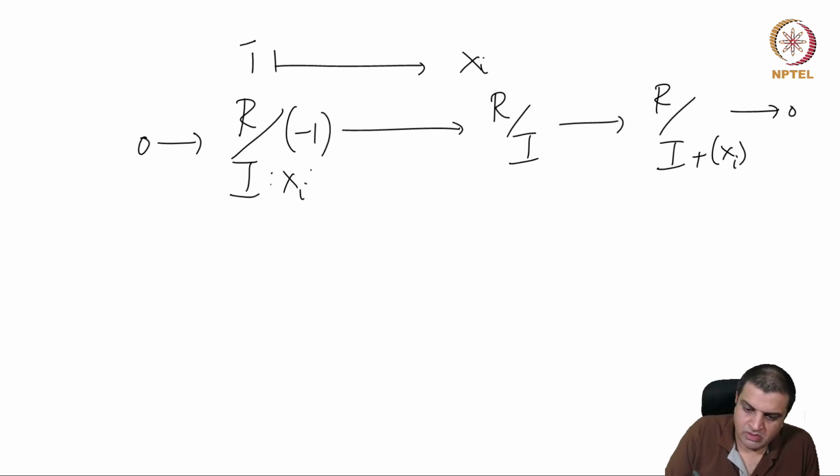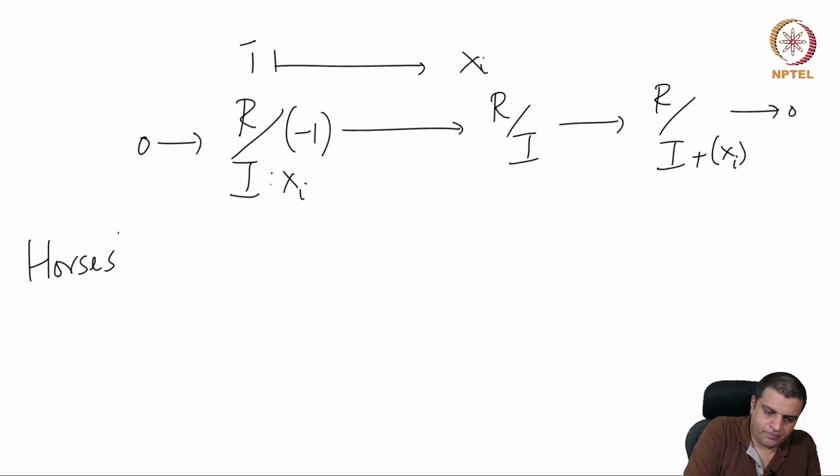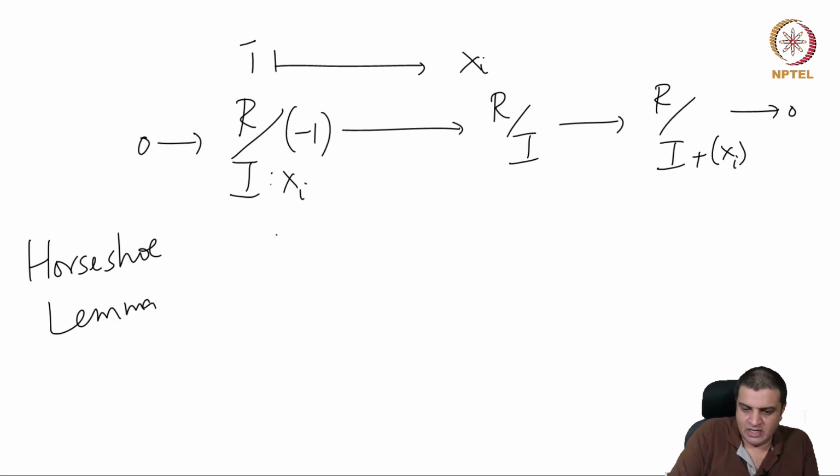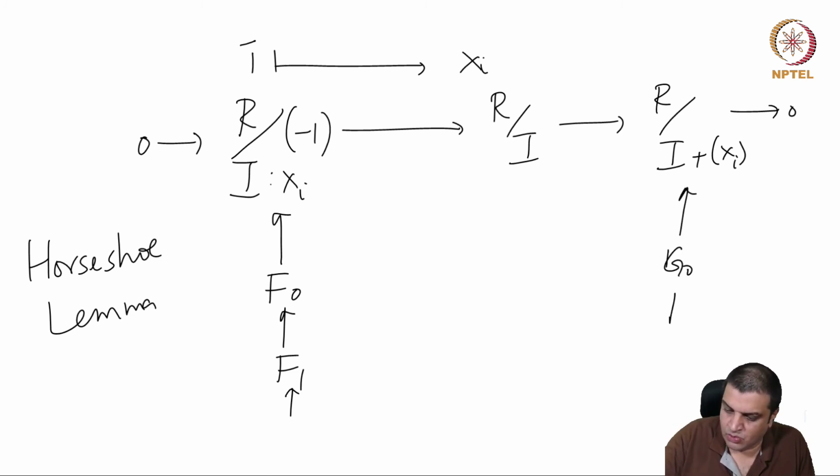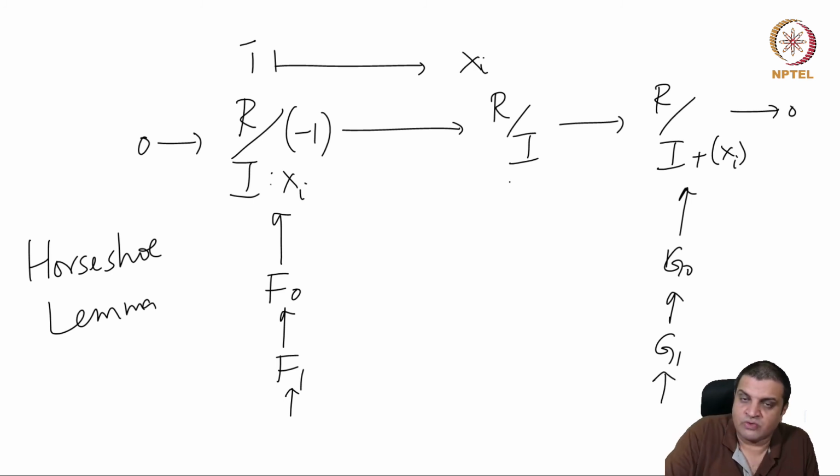Now there is a standard construction in homological algebra called the Koszul lemma, which you will work out as an exercise. If you have a resolution like this, say F0, F1 and so on, and G0, G1 and so on, one can construct a resolution for the middle term by taking F0 direct sum G0, with appropriate maps.